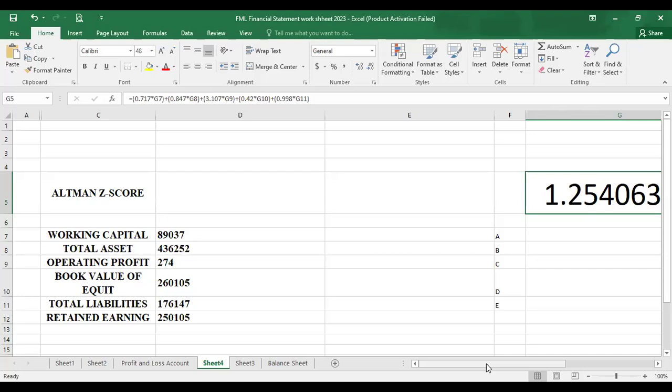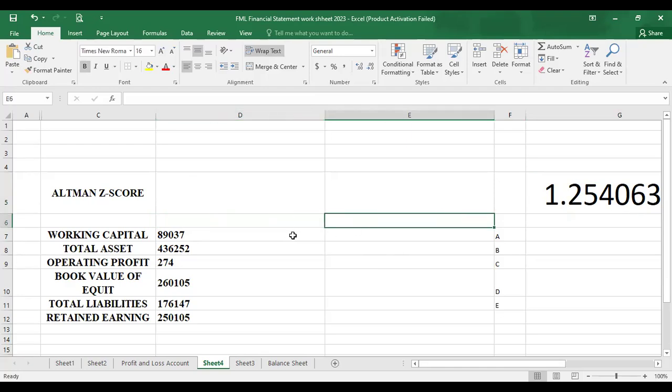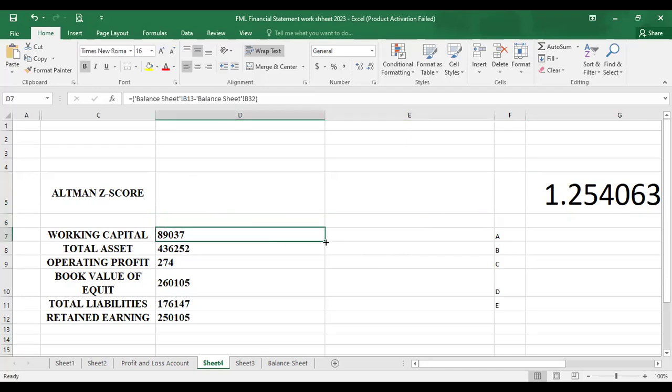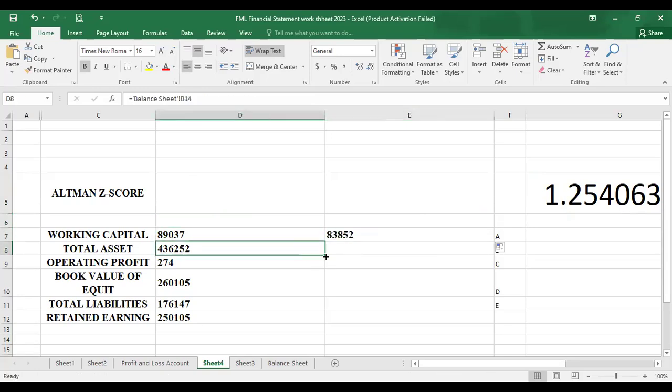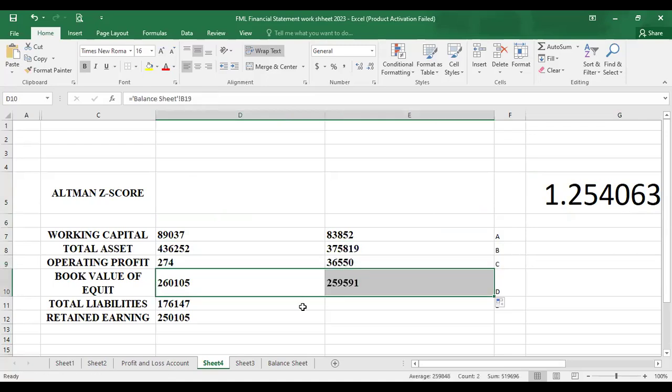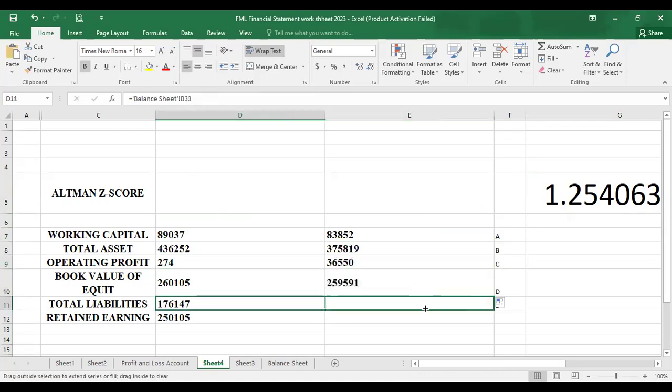Someone is saying we should use another year. It's the same thing. You can use another year, yes. Okay, that's fine. So we used 2020. Let's use the 2019 figures.